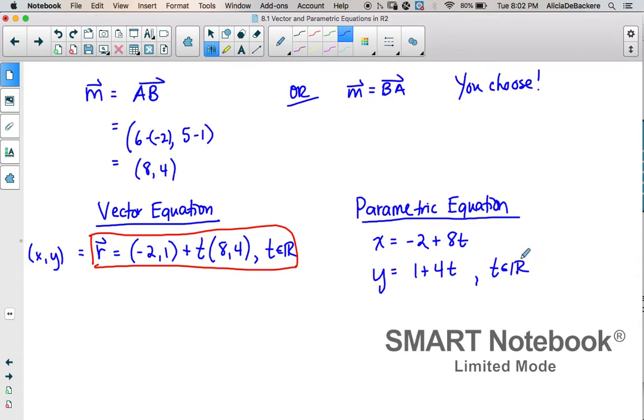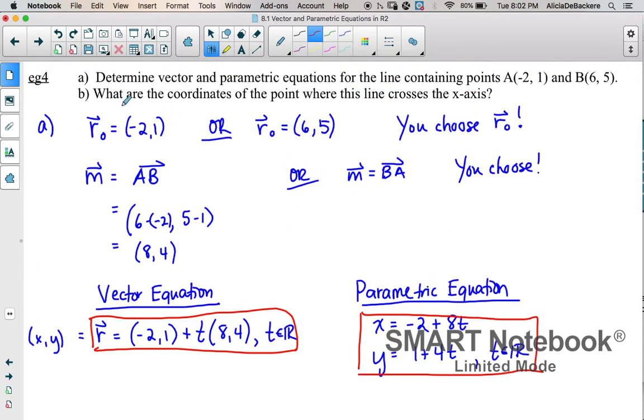If you were given a question that asked you to come up with 2 different equations of a line, so it's for 2 separate lines on the graph that are not the same, you can't use the same parameter. So if I were to now use a whole new point and a whole new different direction vector that goes off in a different direction, I would have to use s belongs to the set of real numbers or something like that.